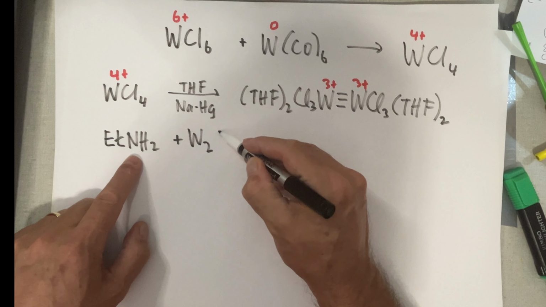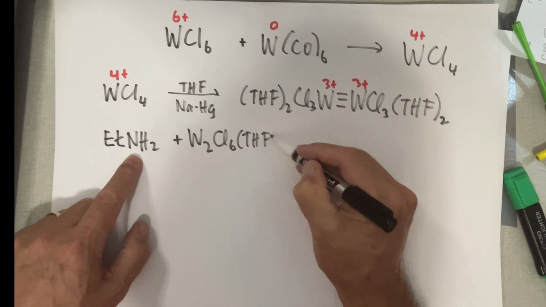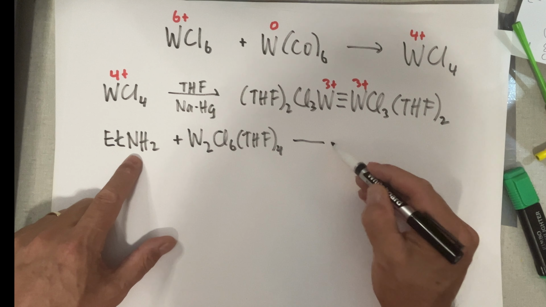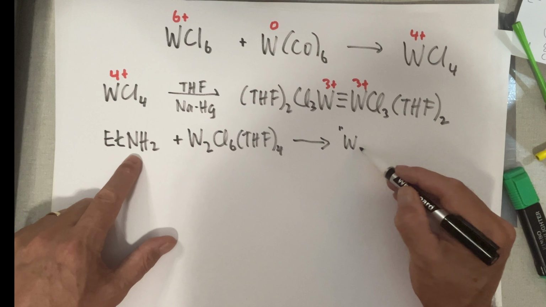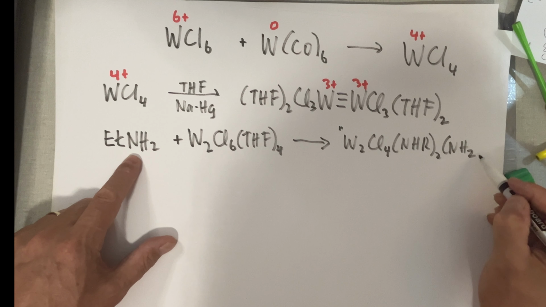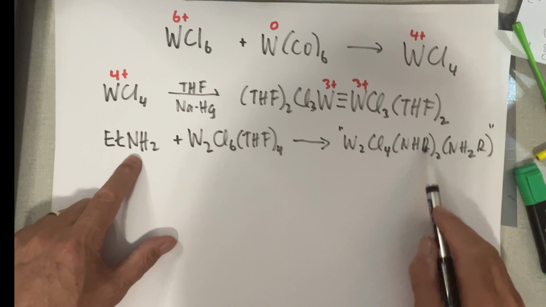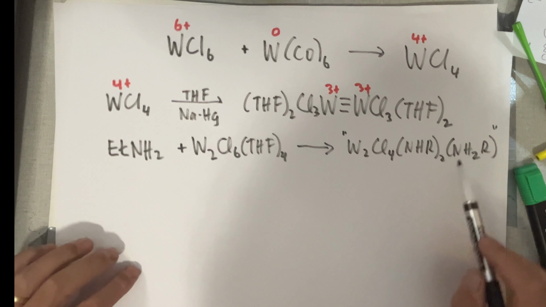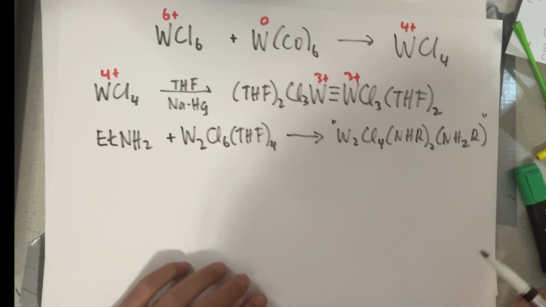I'll just abbreviate it, WCl6THF4, and the authors then believe that this compound led to some intermediate. So here you can see that one of the amines has been deprotonated compared to the 2 that you started with, and the other one has not yet. That seems to be in line with the final result.